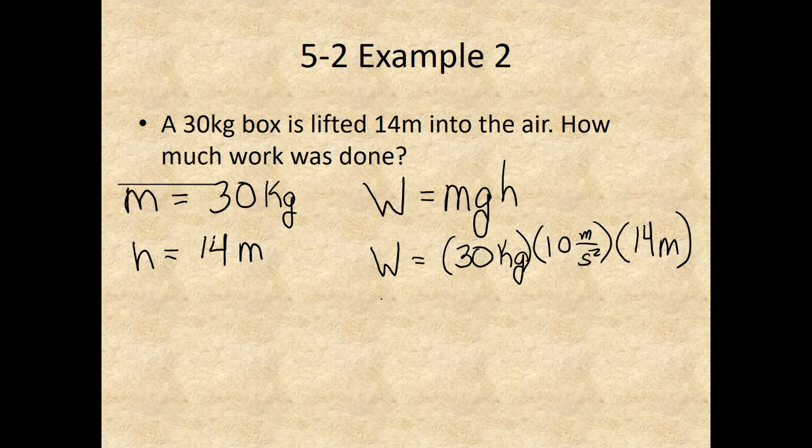And it's just a plug and chug. So going to our calculator, 30 times 10 times 14, 4,200 joules of work.